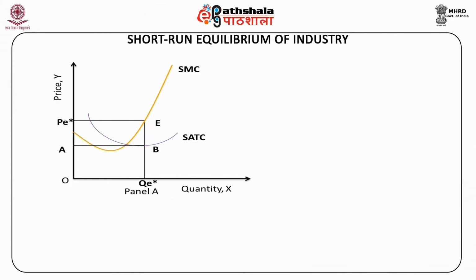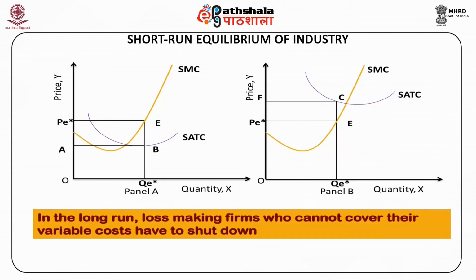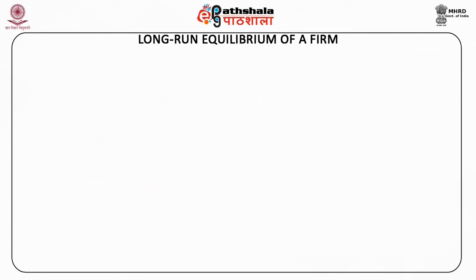Or the industry may also suffer losses as seen in panel B, where the area PE star ECF represents the losses. However, in the long run, firms that make losses and cannot cover at least average variable cost will close down. Now we can move on to study the long run equilibrium in perfect competition.